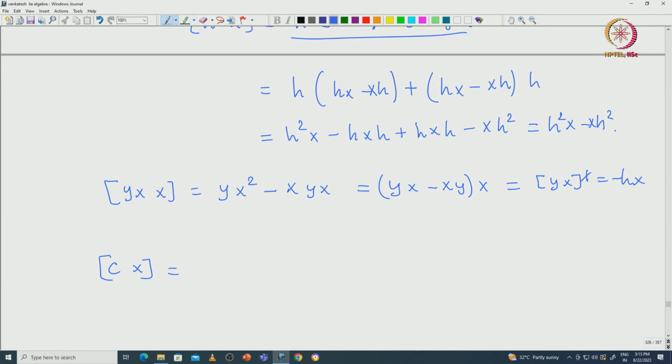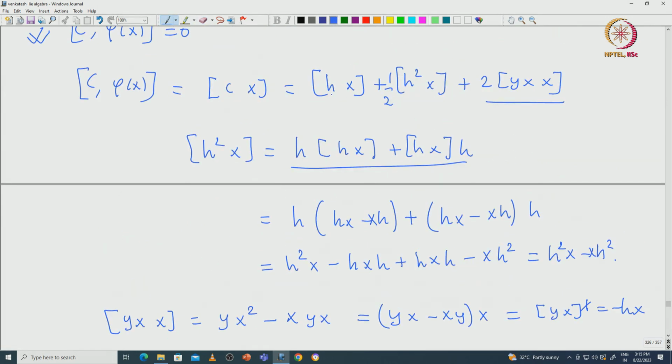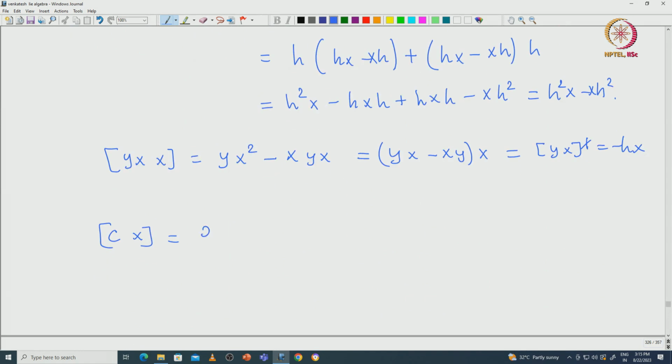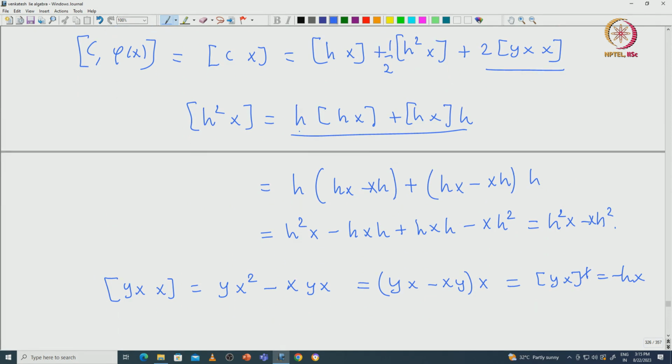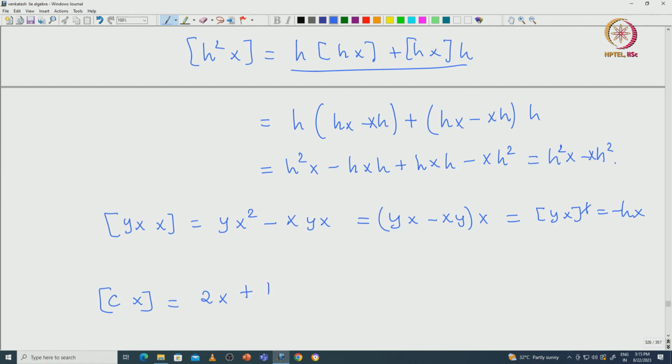This is going to be bracket h x. Bracket h x is going to be 2x, and then 1 by 2 bracket h square x, which is just 1 by 2 h bracket h x, which is 2x, plus the bracket h x, which is 2x, again h. Then minus you have twice h x.